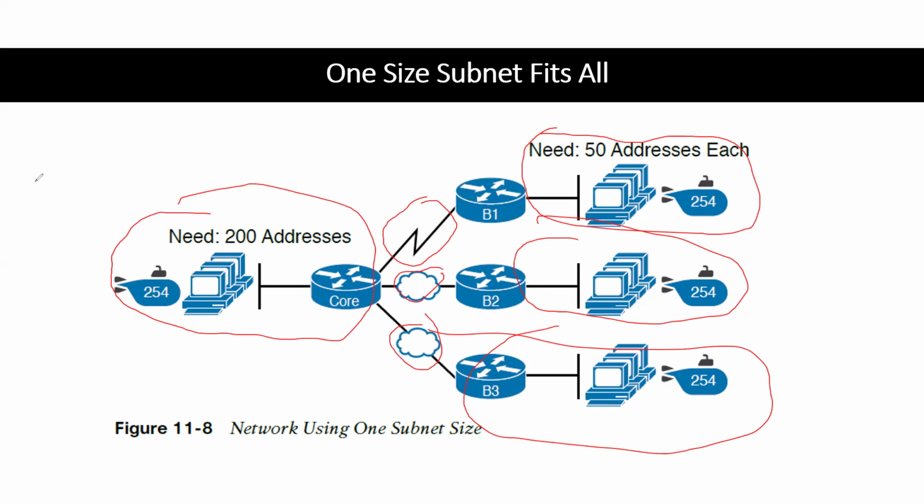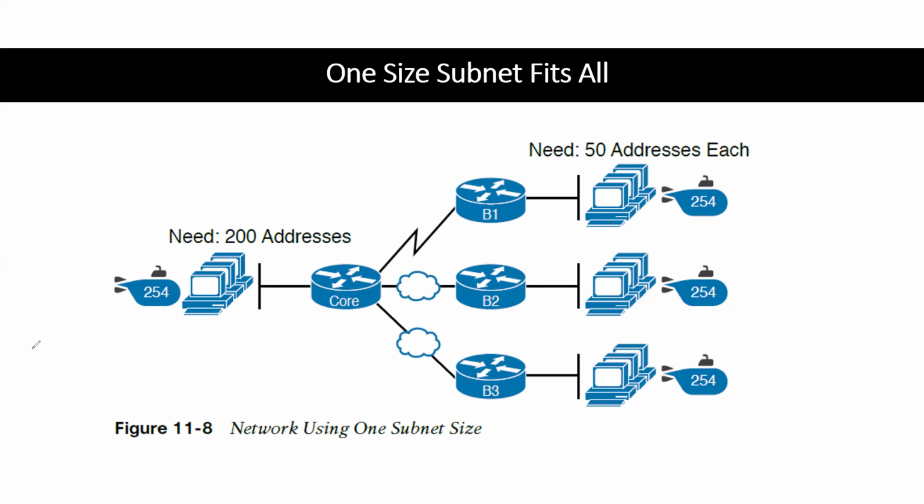So everybody's going to have, and of course you see it here, let me change it to green, they're going to have 254. We see 254, 254, and 254, right? That works. It can work. You can actually implement it in your network, but is it scalable? Are you wasting private IP addresses?